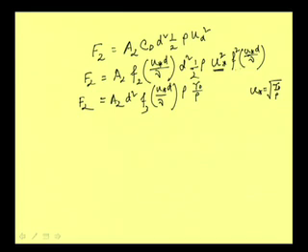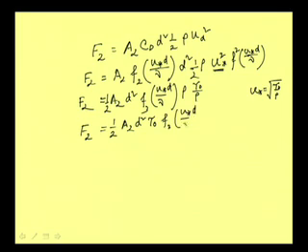Finally, this expression can be written as F2 equal to, I think half was there, so let me put this half here: half of A2 d square and tau 0, this rho is going, and it is a function of u star d by nu.